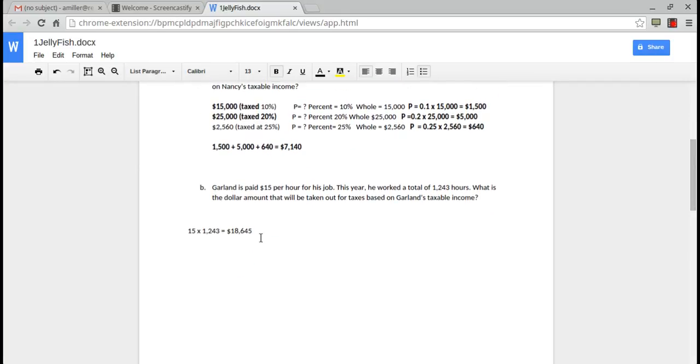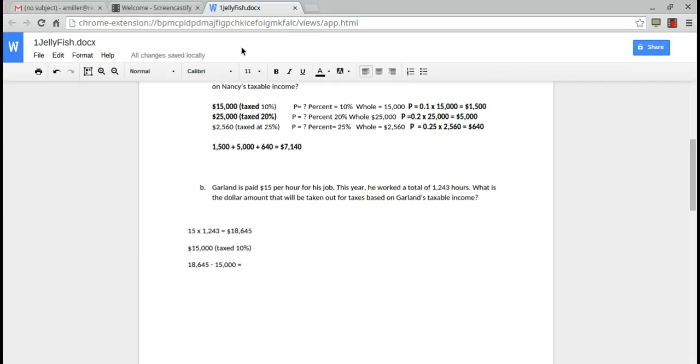So his first $15,000 is taxed at 10%. Now I need to see what's remaining. I can figure out what's remaining in the second bracket by taking his $18,645 that he made in the year and subtracting the $15,000 that's taxed in the first bracket.